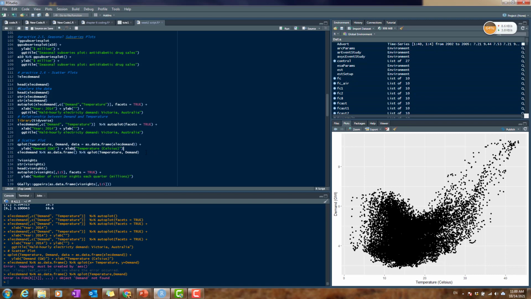Okay, the demand is not found. It looks like the demand and the temperature cannot be put in the same order like this one, and the object data plus something like that.